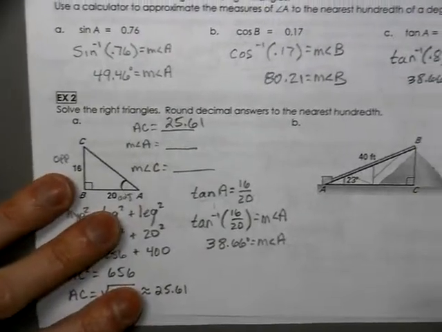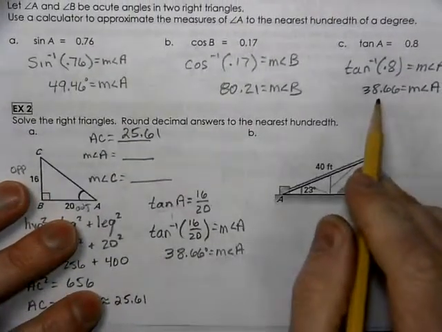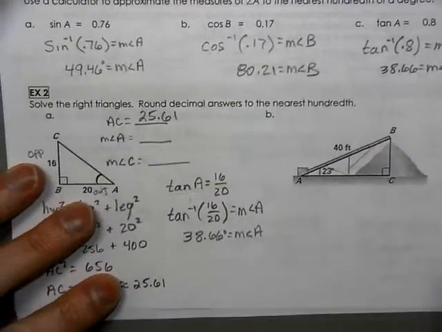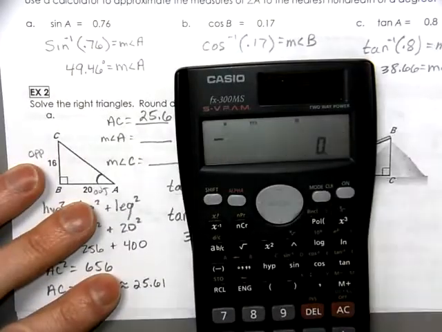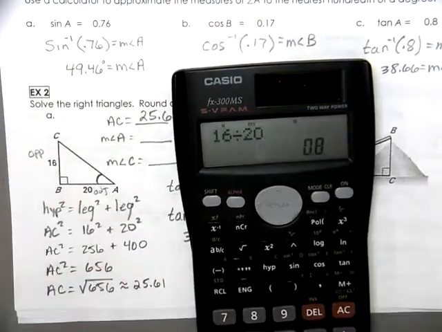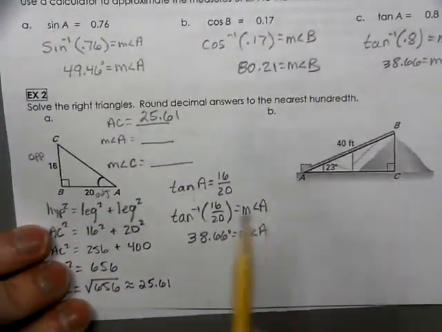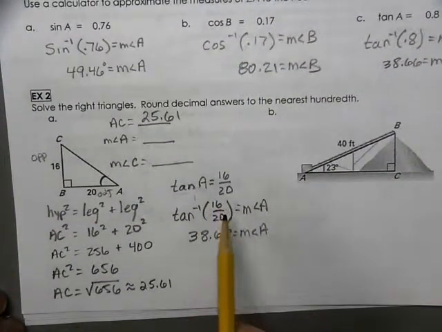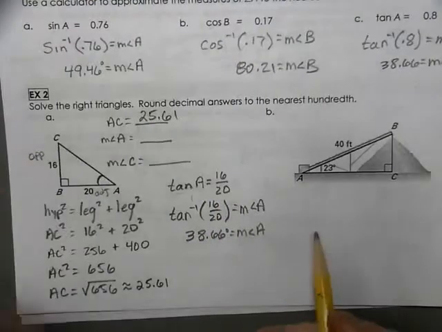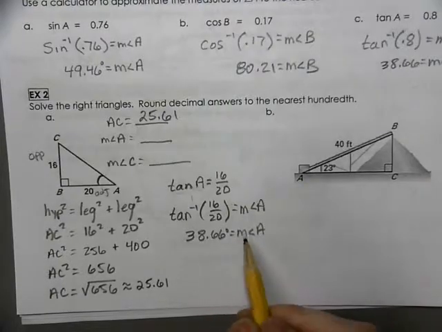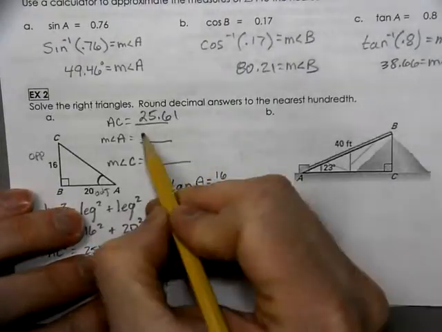Now that happens to be the same result that we got over here. That's because 16 over 20 is 0.8. So when we did the tangent inverse of 0.8, that's the same thing as doing the tangent inverse of 16 over 20.